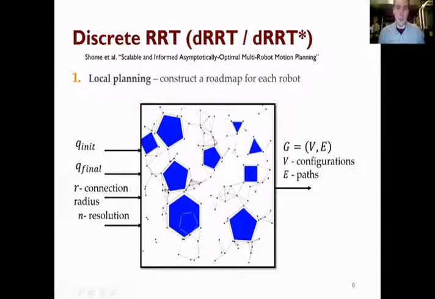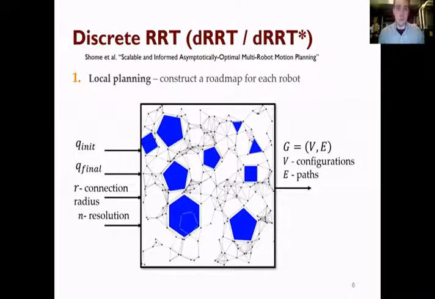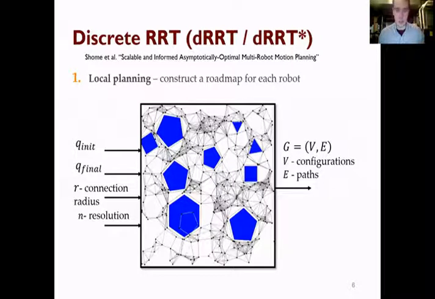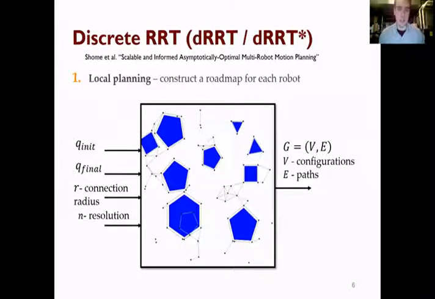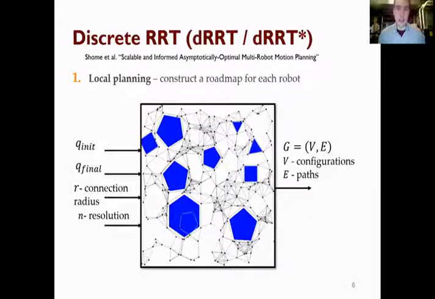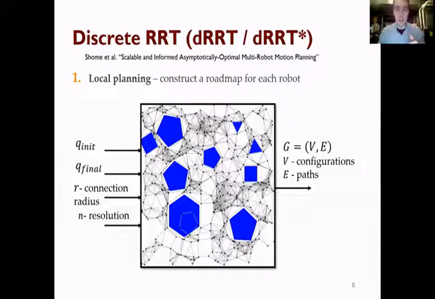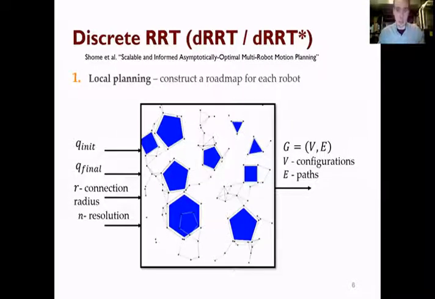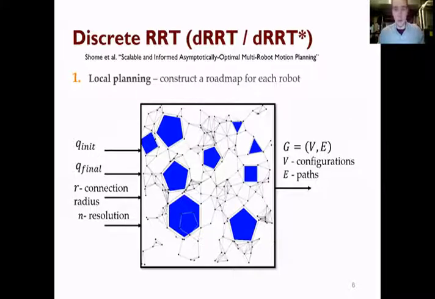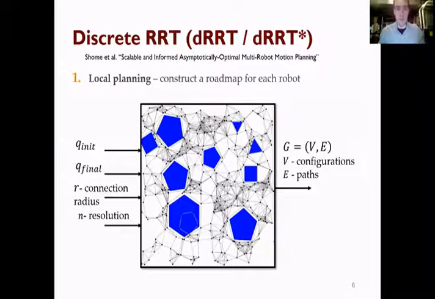The work that we base our own work off of is called discrete RRT, or DRRT, which itself is a multi-robot extension to RRT. And the basic premise behind DRRT is to break down motion planning into two steps. The first step is a local planning step in which each robot forms its own map from its environment to go from its initial to its final configuration.